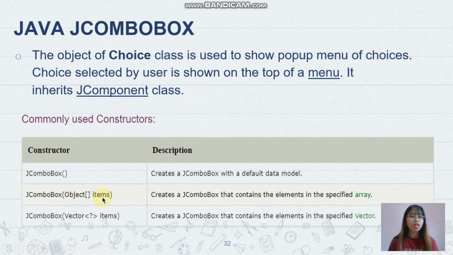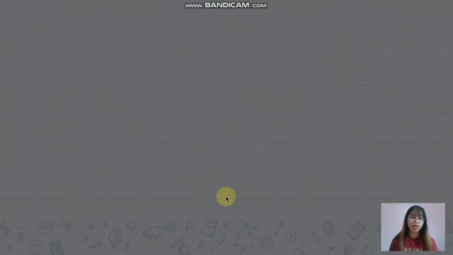Combobox object items creates a Combobox that contains the elements in the specified array. So we will be using an array here, an array of strings or an array of numbers, para meron tayong maging options. Combobox that contains the elements of a specific vector.